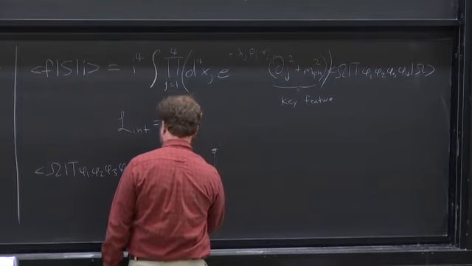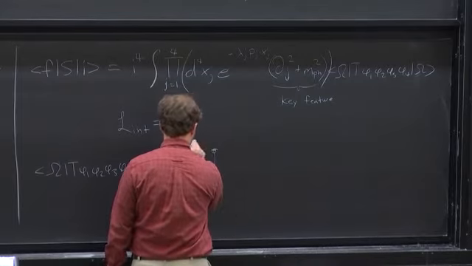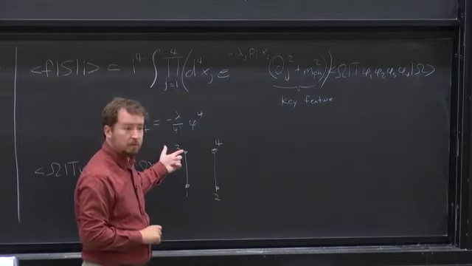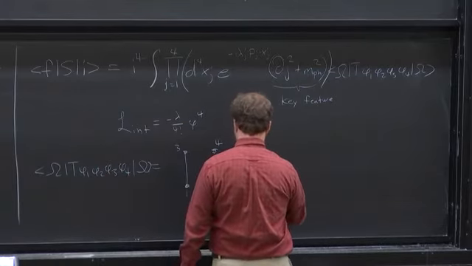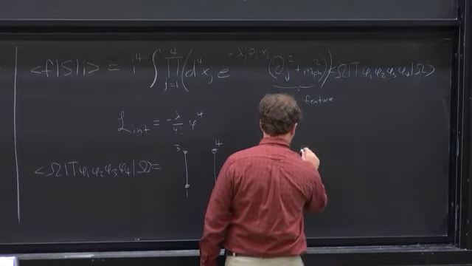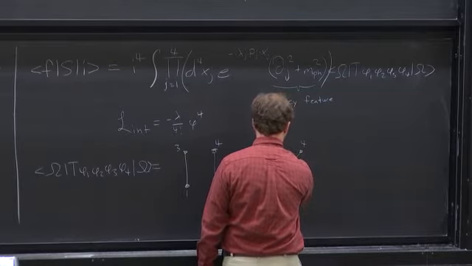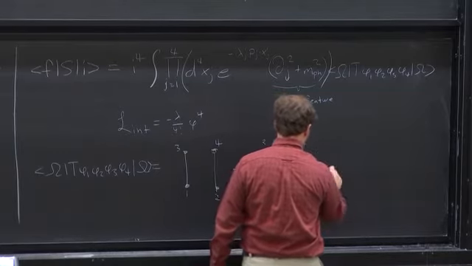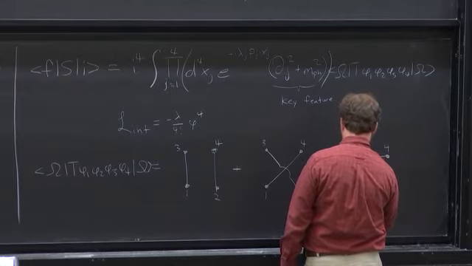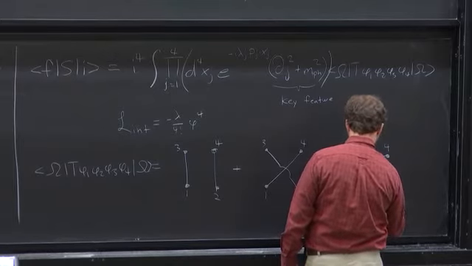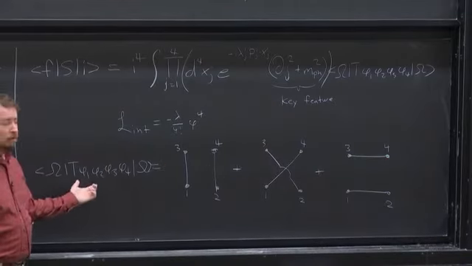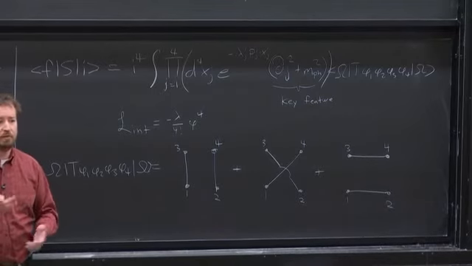I can draw a diagram where particle 1 is connected to particle 3 by a line, or particle 1 is connected to particle 4 by a line, or particle 1 is connected to particle 2 by a line.